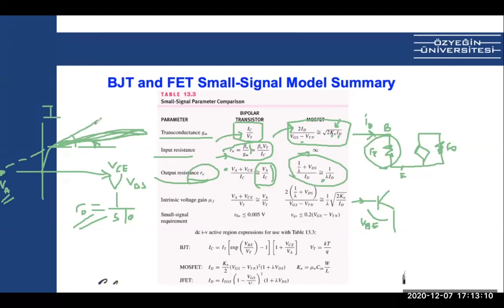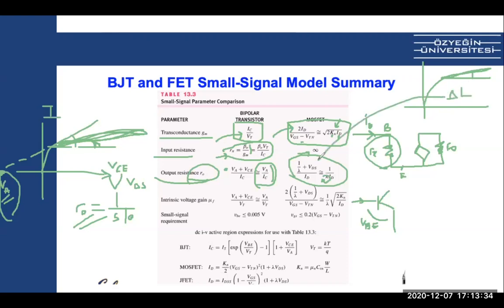Just like the BJT, in the CMOS you also have that same effect, but we don't define it with VA due to the different physics. We define it with delta L, the effective length, which is also a function of this alpha. You don't really need to know this.